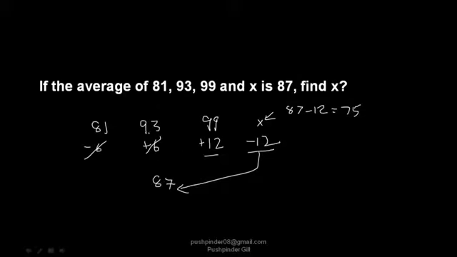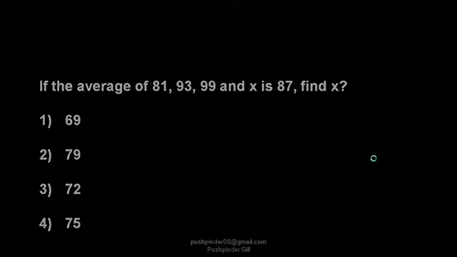Positive 12. And if I calculate all the deviations, I get a positive 12. That means I must get a negative 12, so that the negative and positive deviations are equal and I get a 0 deviation. That means this number must be 12 less than the average, and that number would be 75. I hope everyone understood this.